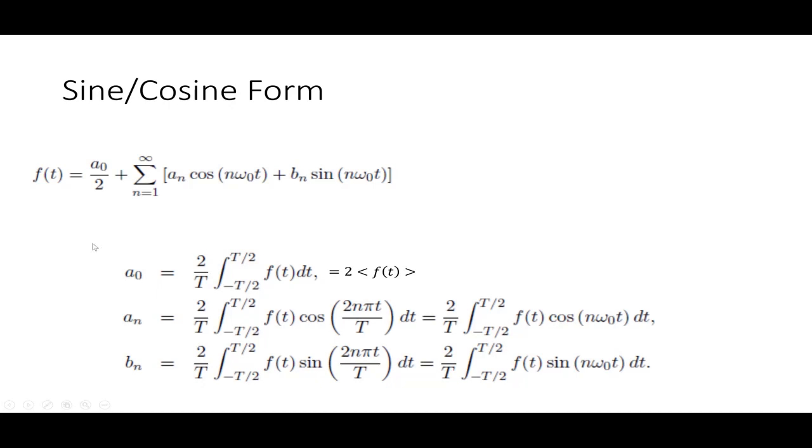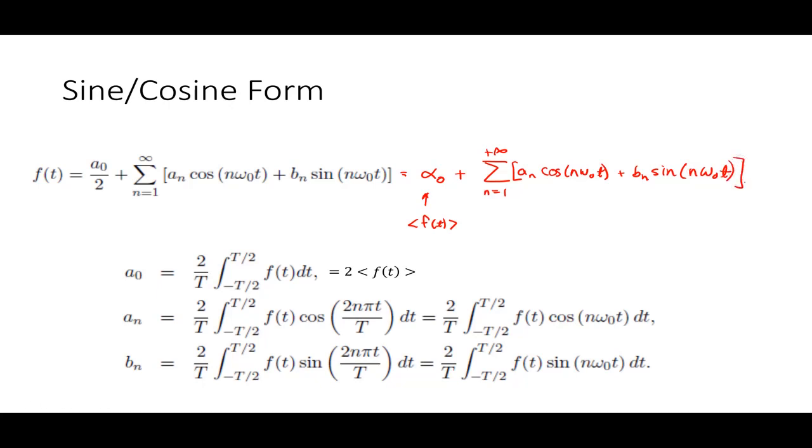So what that means is I could write this as alpha 0, because remember alpha 0 was equal to the average value of f of t, plus the summation from n equal to 1 to infinity of a n cosine n omega naught t plus b n sine n omega naught t.